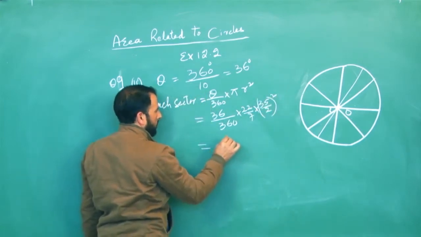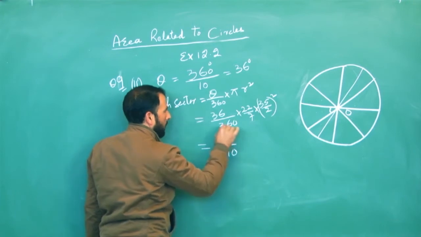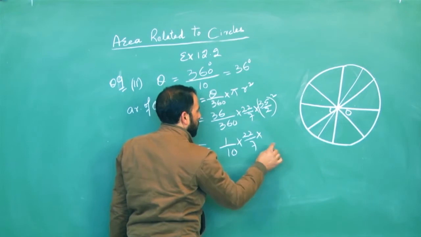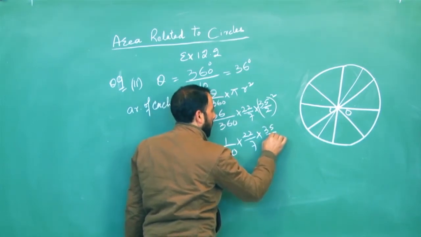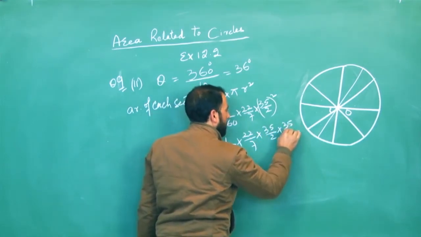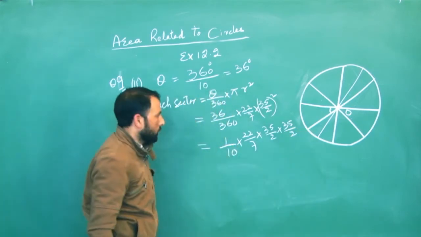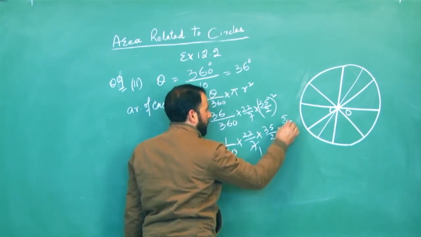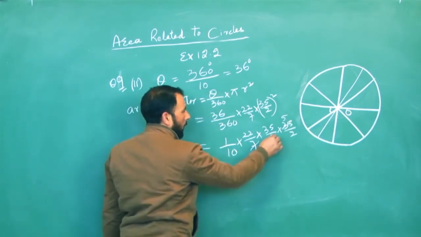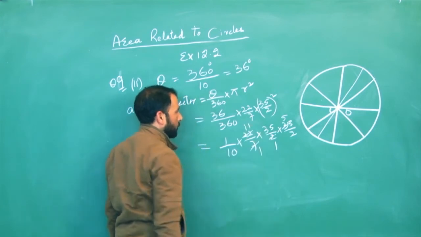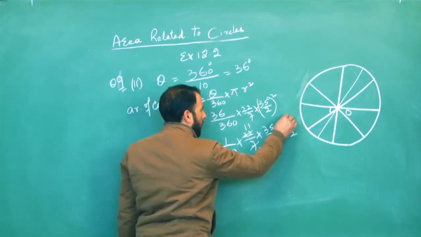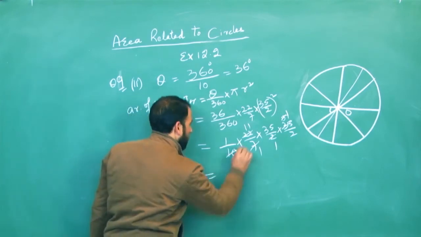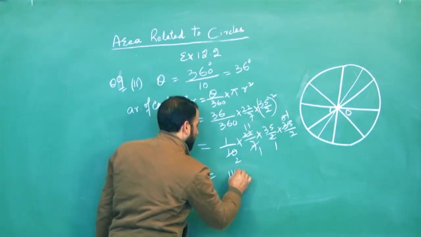That equals 1 divided by 10. After cancellation, we get 22 by 7 into 35 by 2 into 35 by 2. So 7 1 r 7, 7 5 r 35. Then 2 1 r 2, 2 11 r 22. Then again 5 1 r 5, 5 2 r 10. We get here 11 into 35.